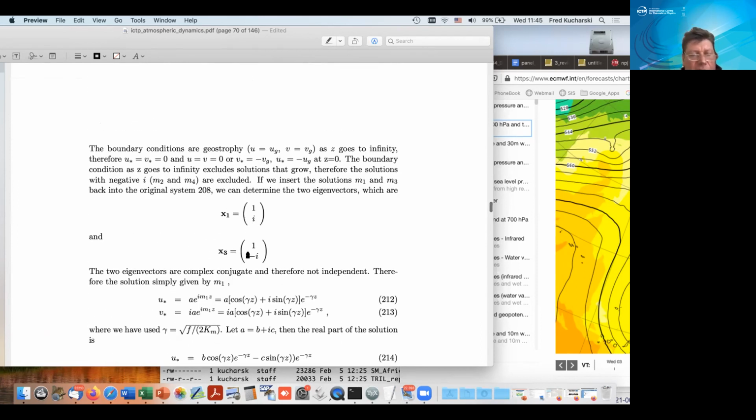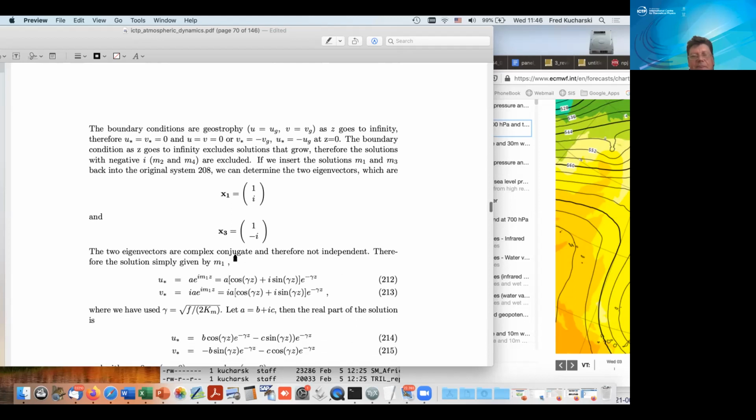Now it turns out that these are also complex conjugate. That means they're not independent. That means we can either use x1 or x3, and then we have solved the equations already completely. So we can simply pick x1, but x3 would give the same solution.